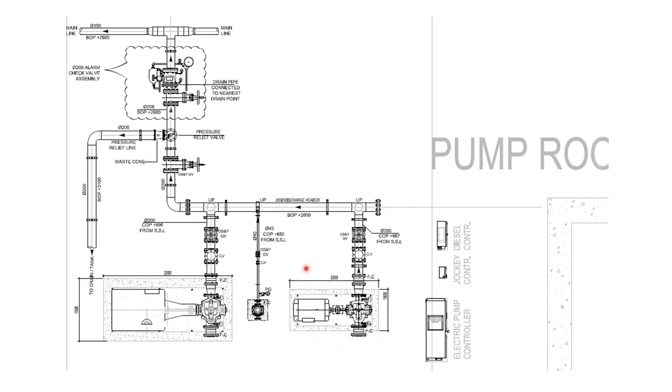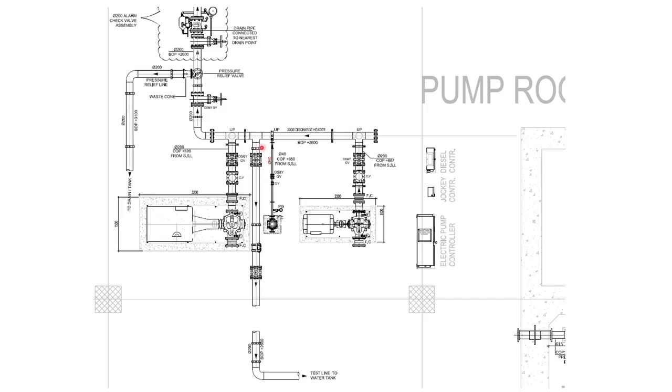Seventh step. The test line shall be located on the layout drawing. This line will be connected or returned back to the tank. So provision shall be made on the water tank to pass this pipe. Here you can see the test line will always have two gate valves.